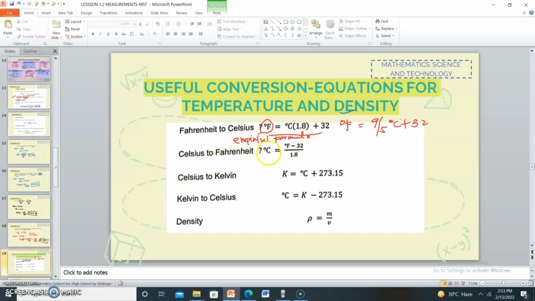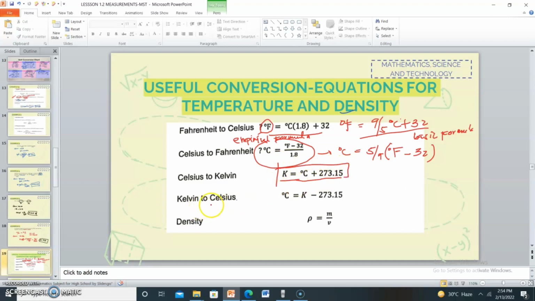The same with the Celsius, and this is the basic formula. Celsius equals Fahrenheit minus 32 over 1.8, or degrees Celsius equals 5 over 9 times Fahrenheit minus 32. And Kelvin equals degrees Celsius plus 273.15. So that is the formula.